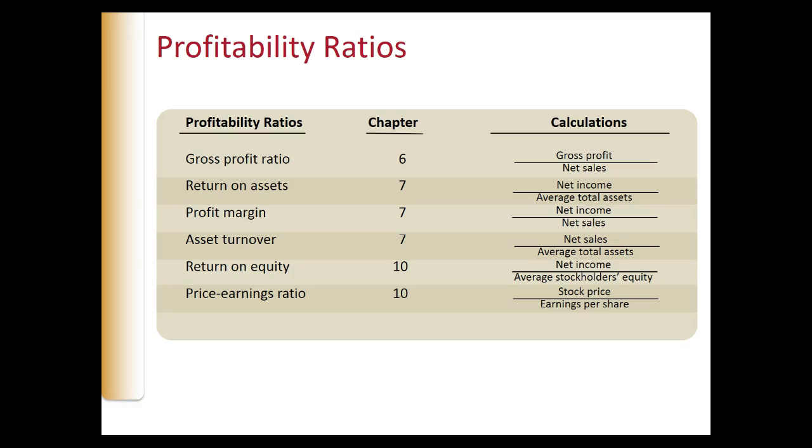We're going to go over each of these ratios. They measure the earnings or operating effectiveness of a company. Not only is profitability necessary just to survive as a company, it's the primary indicator used by investors and creditors in helping to make financial decisions.